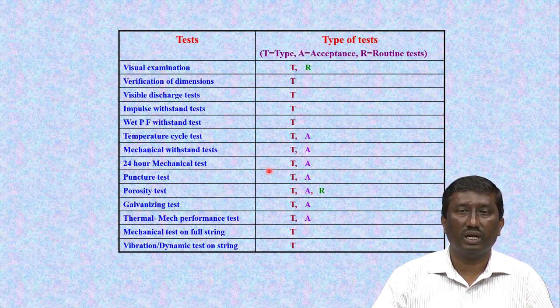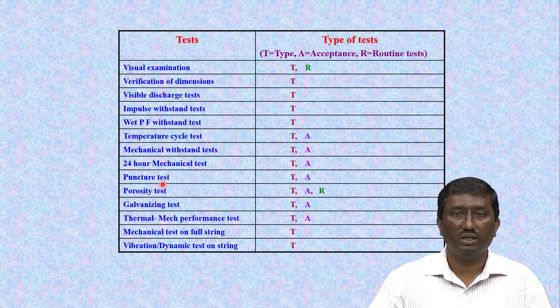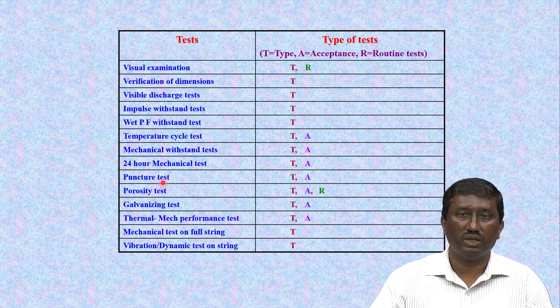Then 24-hour mechanical test, similarly both, it is type and acceptance. We have the puncture test for the insulators, which falls in both acceptance and the type test. Similarly, porosity, to verify whether the insulator contains any holes or is porous, made porous during the manufacturing.